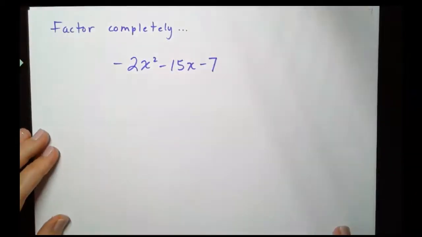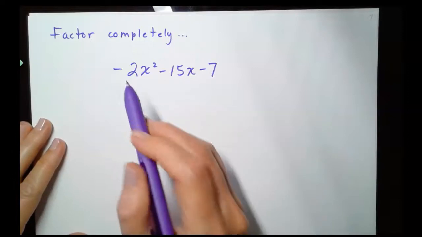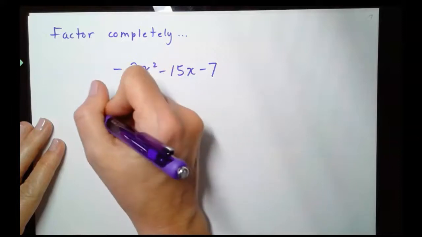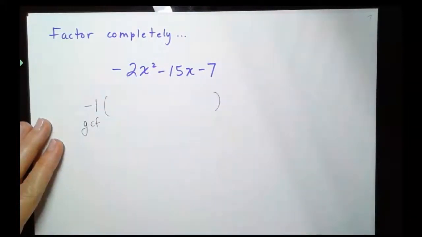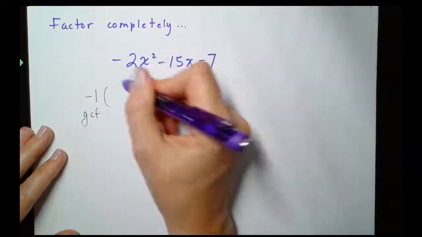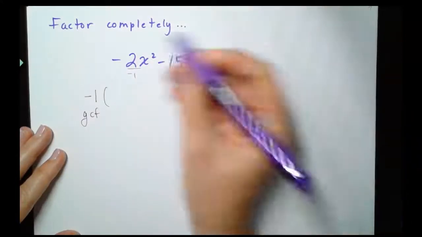Last problem for this video. A negative up front. From our very first video, I told you that if we have a leading coefficient that is negative, we should take out -1 as the GCF. And we're going to do that here because we first always look for the GCF. So when we take out a -1, remember it's just the same as dividing everything by -1.